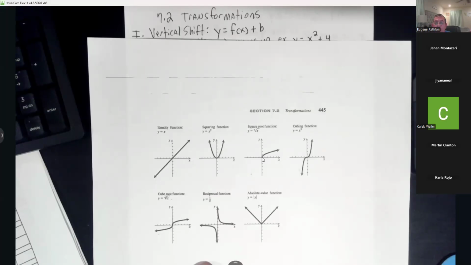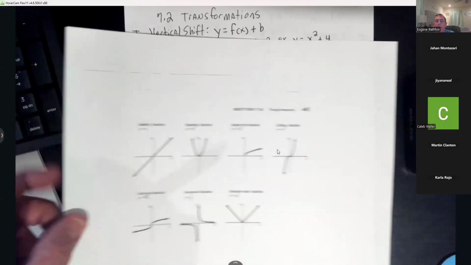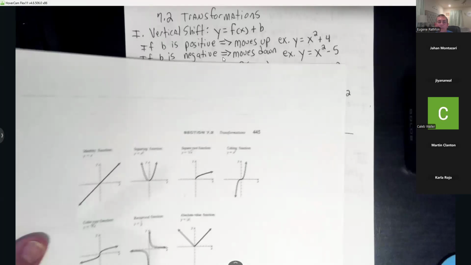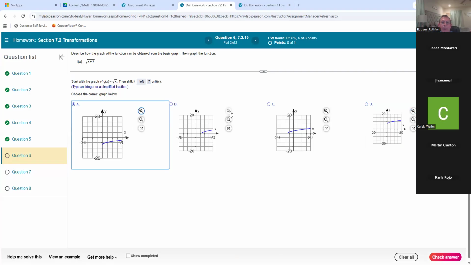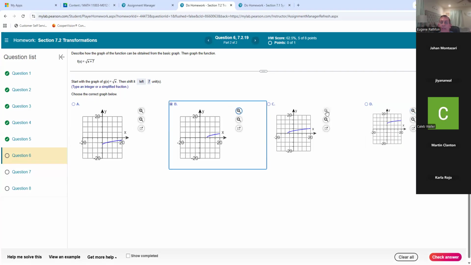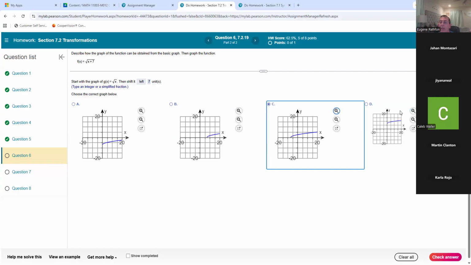It starts in the center and sort of slowly goes uphill to the right. So what I need to know is which one of these pictures went left 7 units. You got A, you got B, you got C, or you got D.